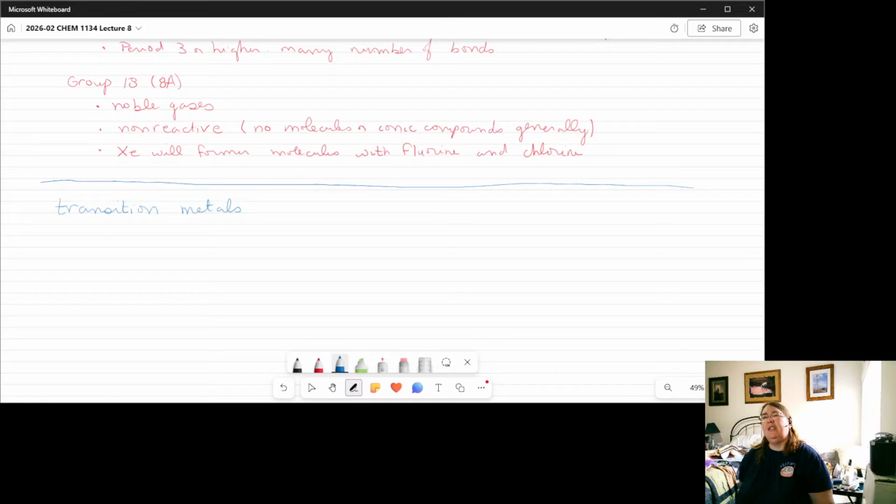So the transition metals as a whole, the ones that we will deal with, the other issue with transition metals when we get to nomenclature is they're almost always cations. So they're always positively charged when they form, and they're almost always going to form ionic compounds.